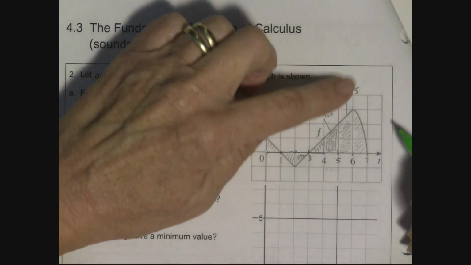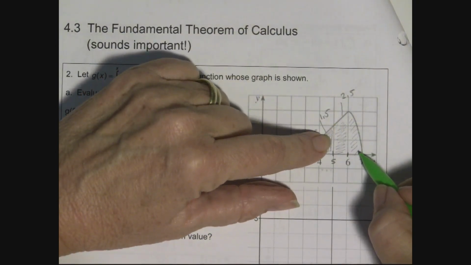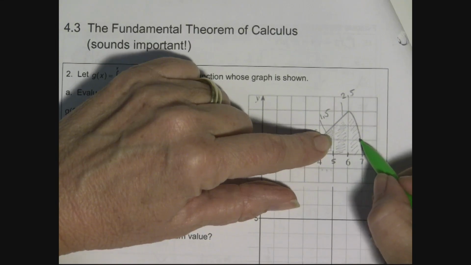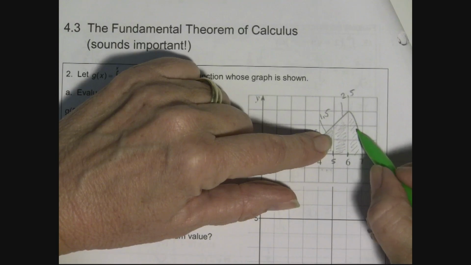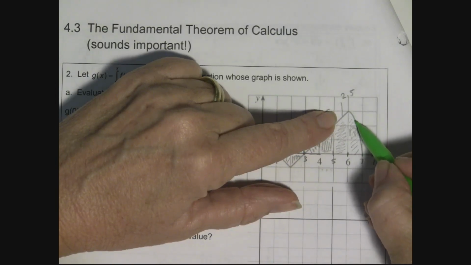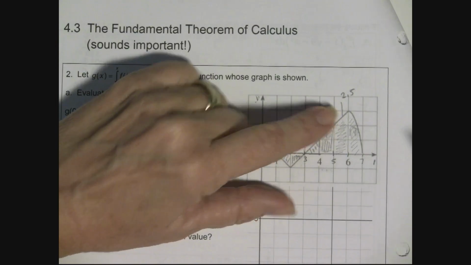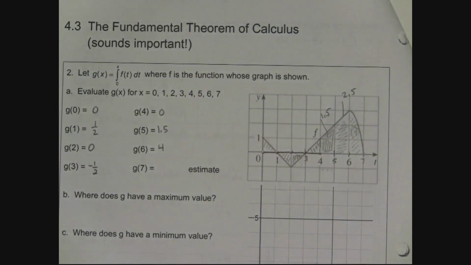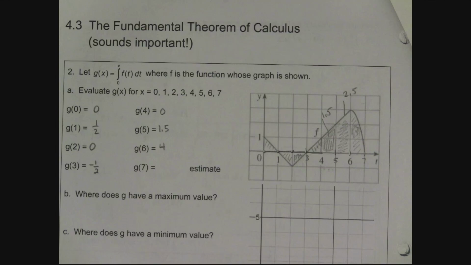So to the best of my ability, this is almost a whole box, right? And then this area right here is more than half a box. And then this area right here is a little bit less than half a box. And you can be as accurate as you want to be.